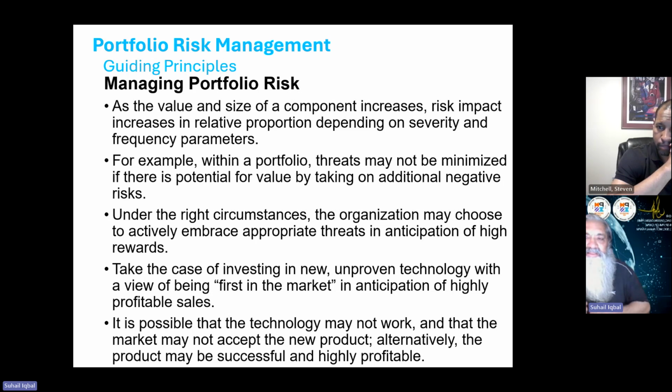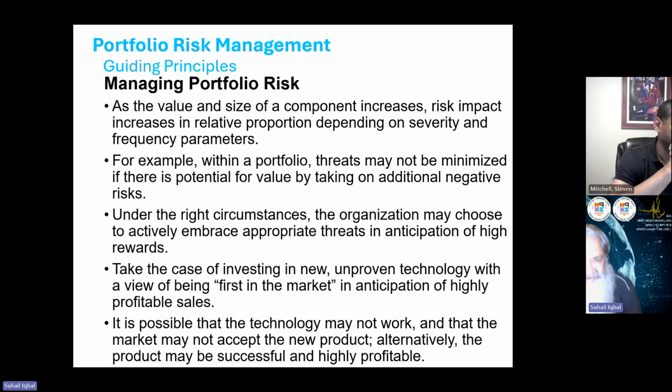But you see, if I keep doing that, then I will start sinking. My risks are going to be heavier than the value I'm getting. That is where it becomes inappropriate. It becomes infeasible.